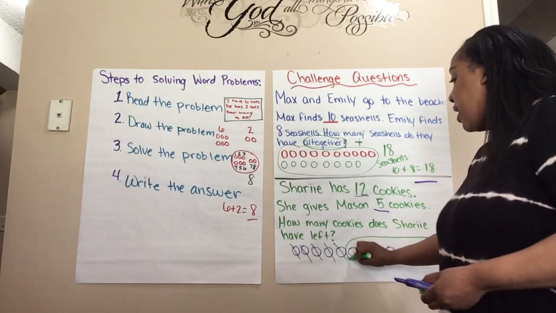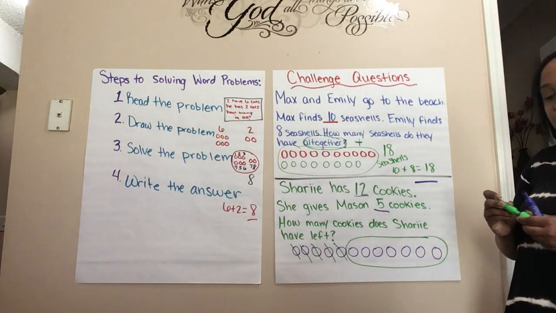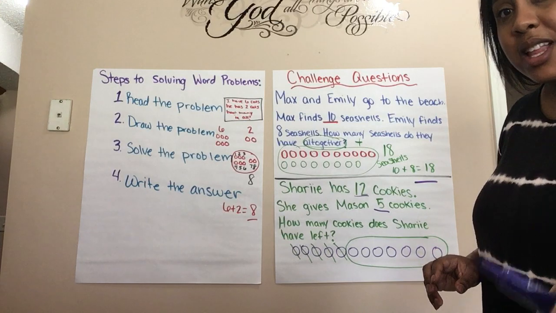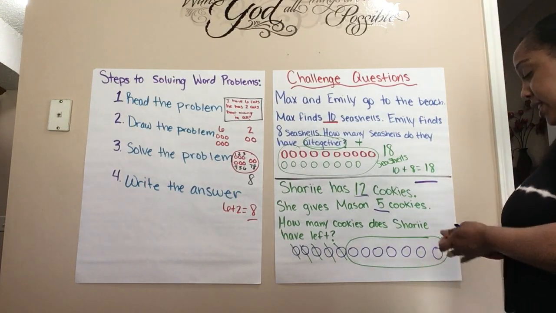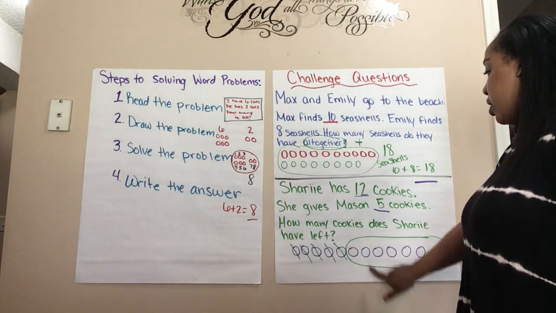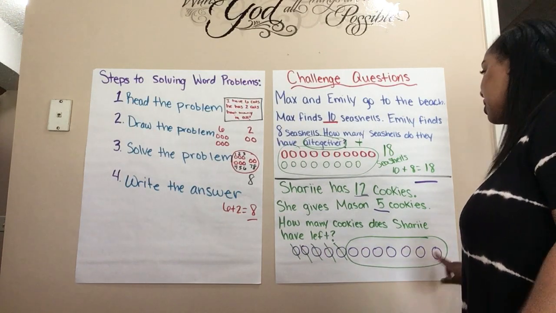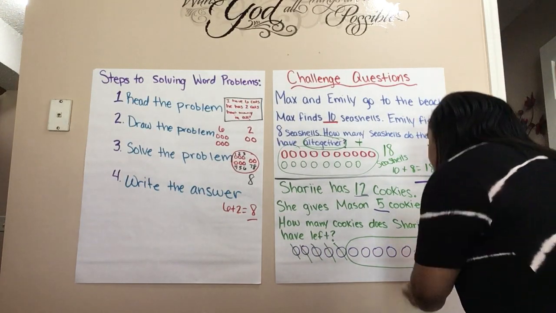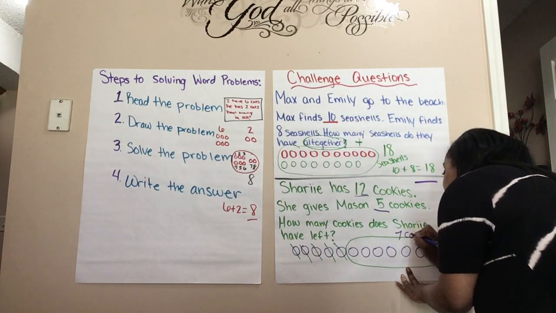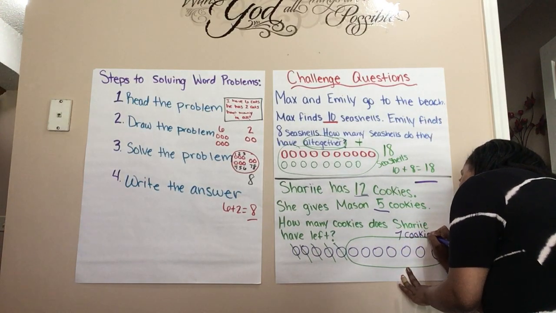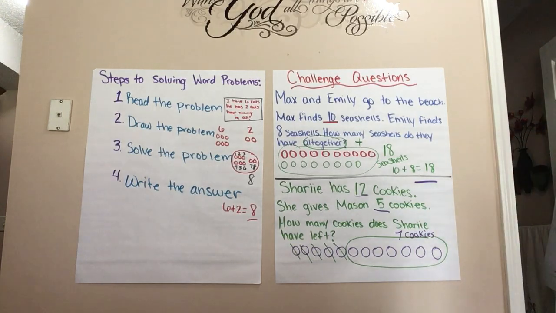These are how many Shady has left. Let's count how many Shady has left. 1, 2, 3, 4, 5, 6, 7. She has 7 cookies left. All right? 7 cookies. Good.